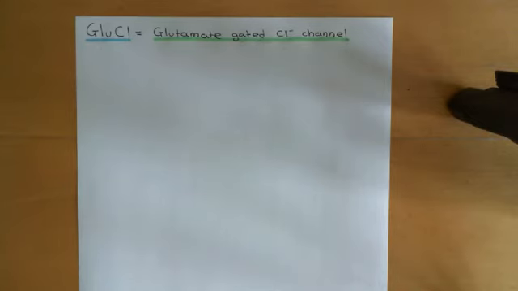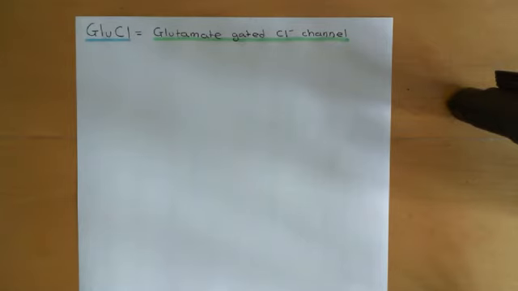Therefore they are excitatory. They make it more likely that the postsynaptic cell is going to fire an action potential. However, in these worms, we have found a channel which is gated by glutamate, which allows in a chloride current into the cell and is therefore inhibitory.